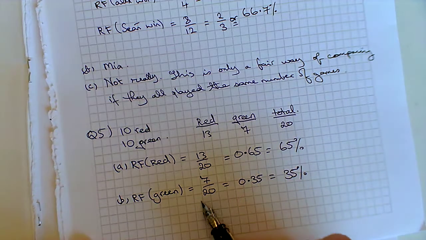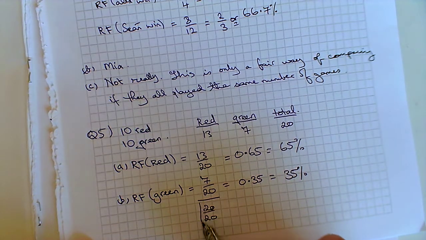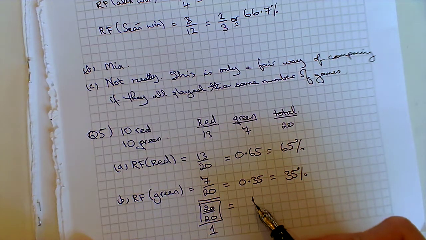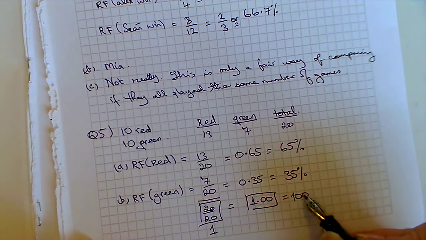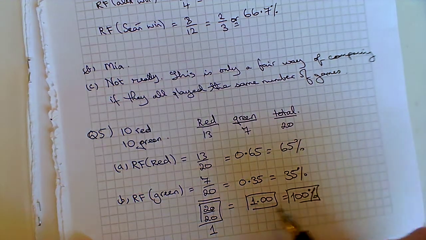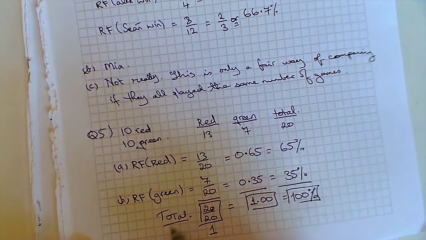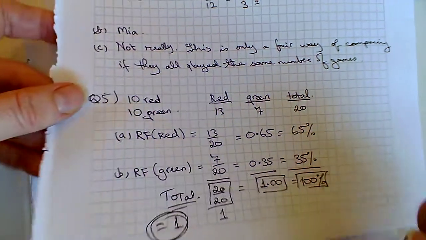Well, I know that these need to add up to a total of 1, no matter what I do. 1.0 or 100%. When I add these up, my total is always equal to 1 with relative frequency, because relative frequency is a probability.